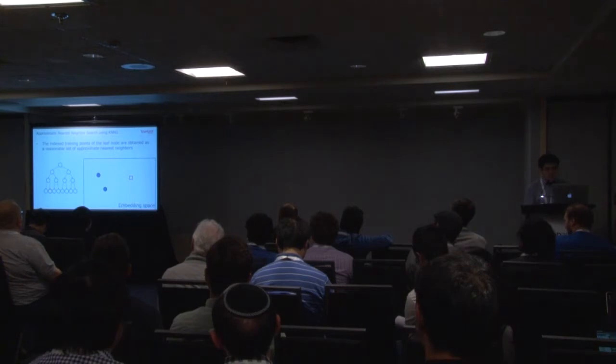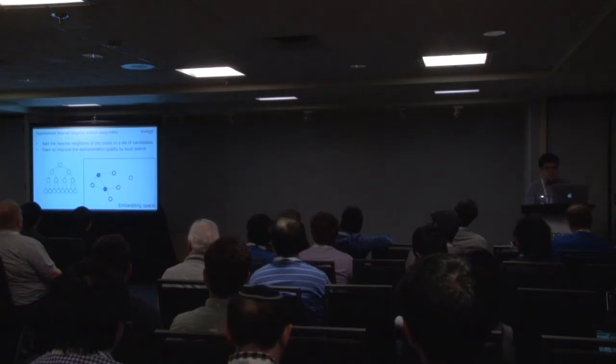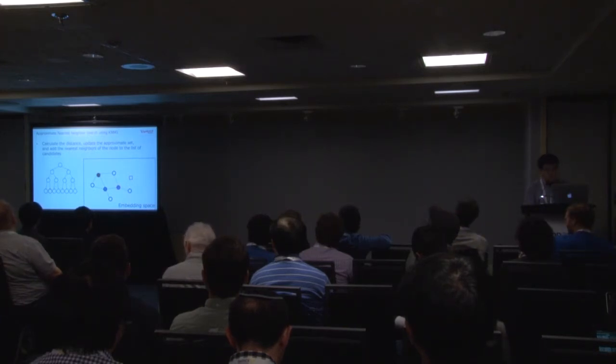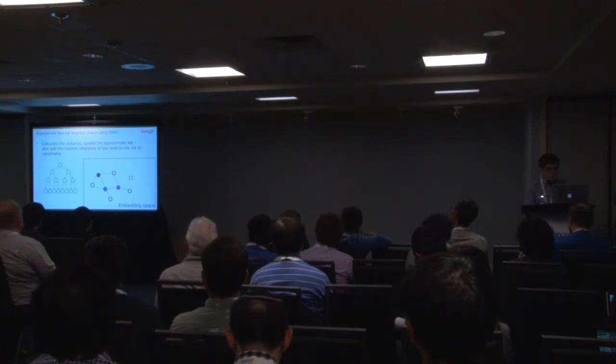The nearest neighbors of the nodes are added to a list of candidates. We start to improve the approximation quality by local search. The blue nodes represent approximate nearest points at this time. The white nodes are candidates to be evaluated, and black ones are already evaluated nodes.